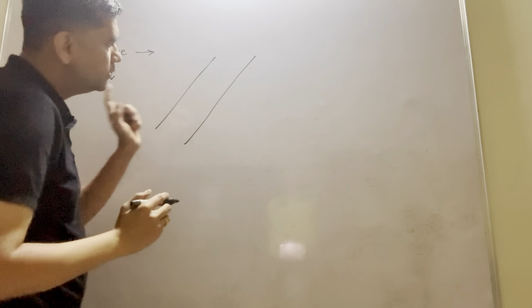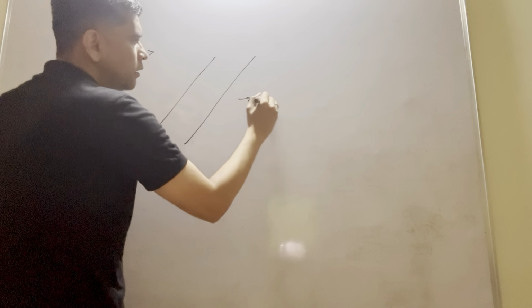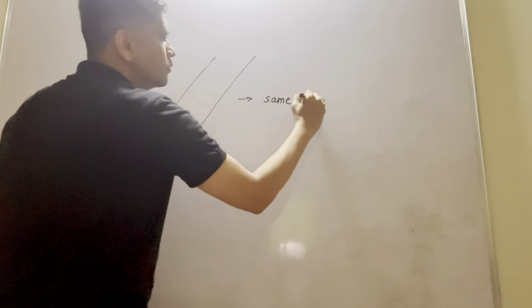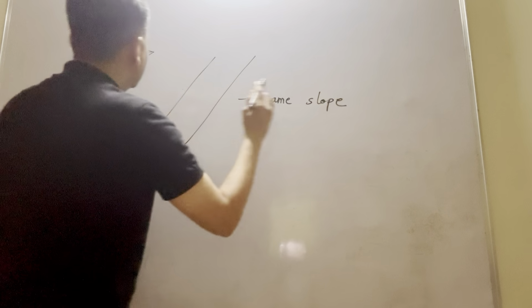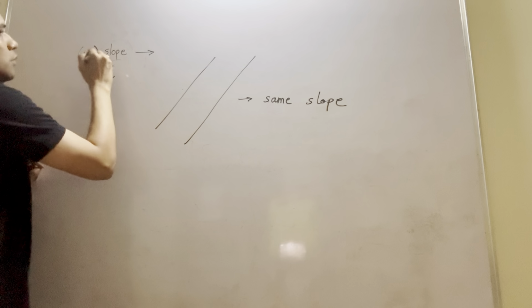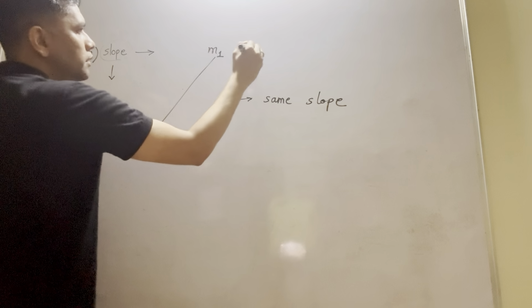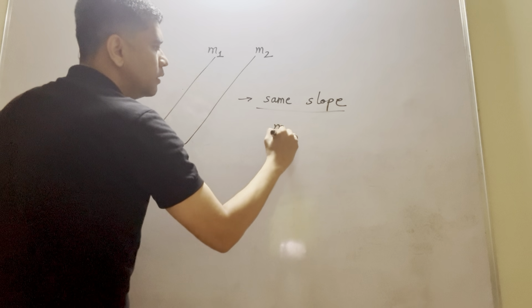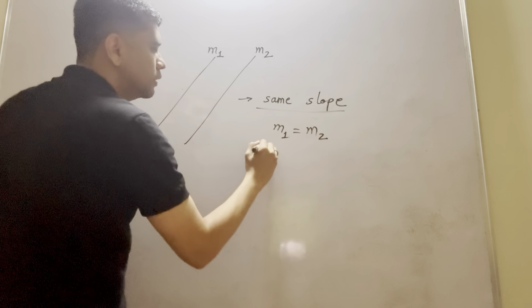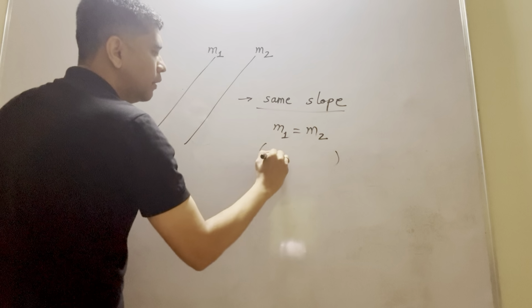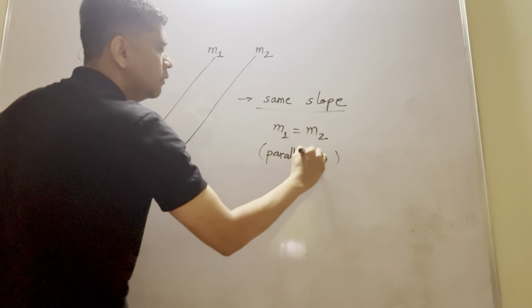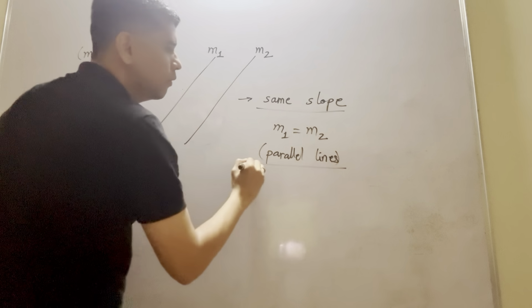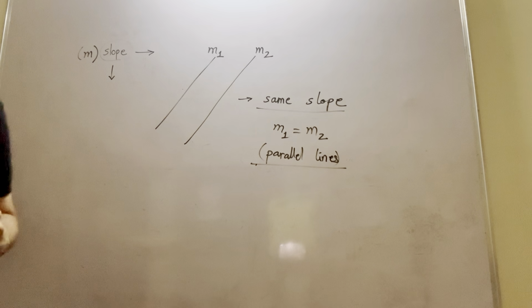So if two lines are parallel, then obviously they have the same slope. Slope is usually denoted by the letter m. So if this one has slope m1 and this one has slope m2, then same slope means m1 is equal to m2. So this is the condition for parallel lines. Okay, a very simple, visual proof you can say.